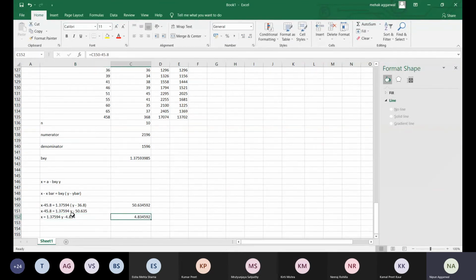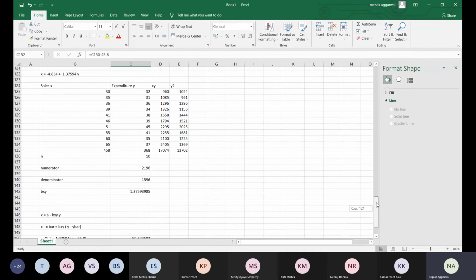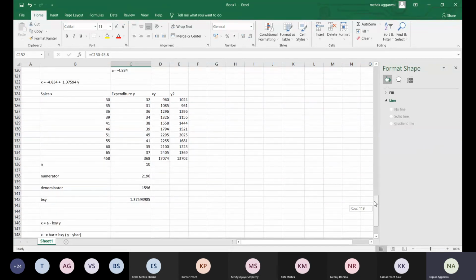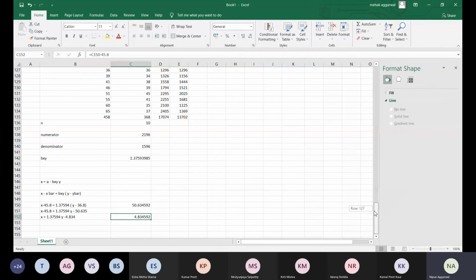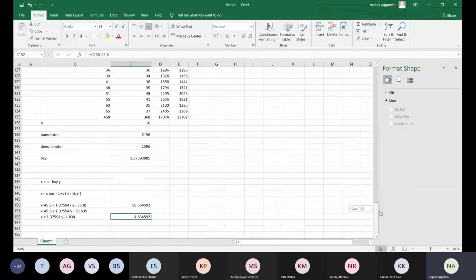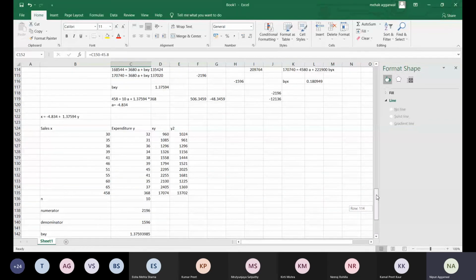Fine. So the constant is your a and the coefficient of y is your bxy. If we compare the regression line, it is the same: minus 0.4834 plus 1.37594 y. So the result will be the same if you do it either with the least square or with the formula.